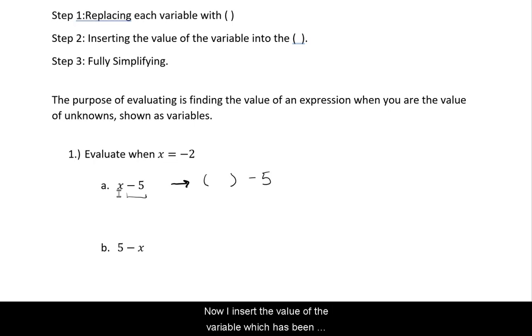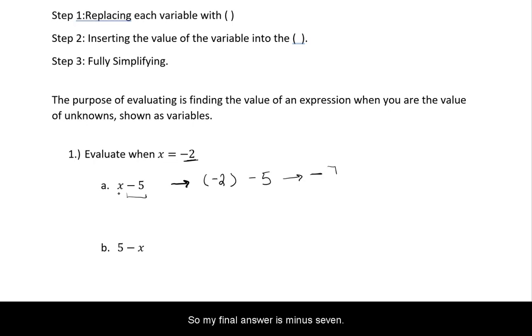Now I insert the value of the variable, which has been given as -2, into the parentheses, and now I simplify. Well, this is 2 negatives, right? So that means my answer has to be negative. I'm starting at -2. I'm going to the left 5, so my final answer is -7.